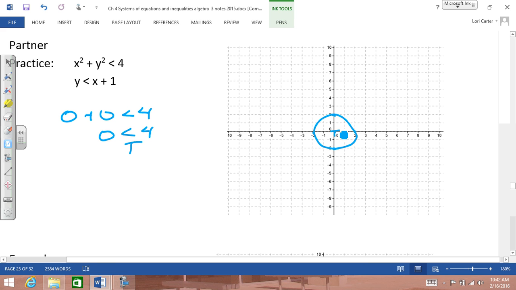And now you're telling me I shade on the outside. Why? Where are the true points? There's no guessing. You plugged in 0, 0, it's true. It's inside the circle, so it's true.